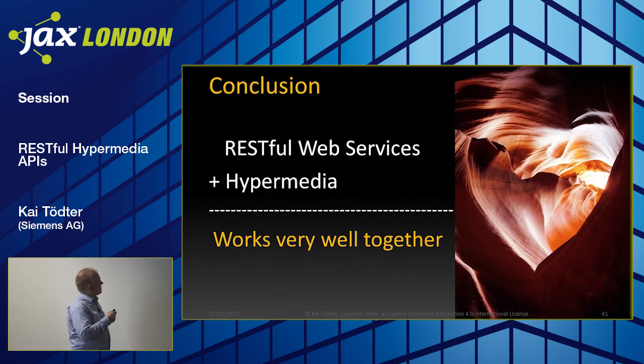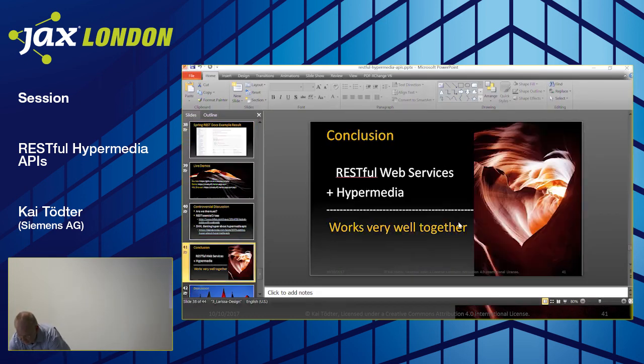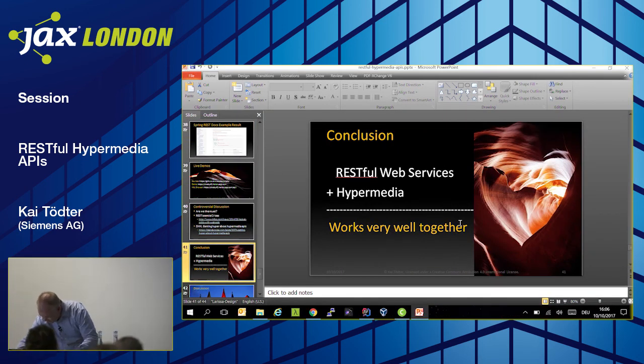But to sum it up again, I think that RESTful web services and Hypermedia fit very well together. And this leads to: whenever we create the implementation of a new RESTful web service, we use Hypermedia from the very beginning.